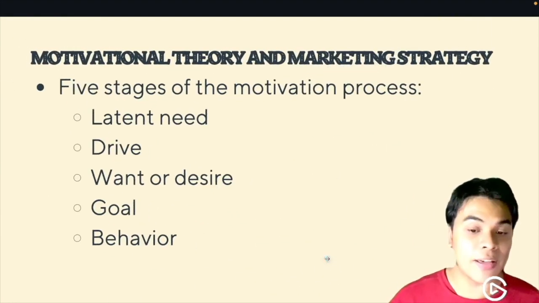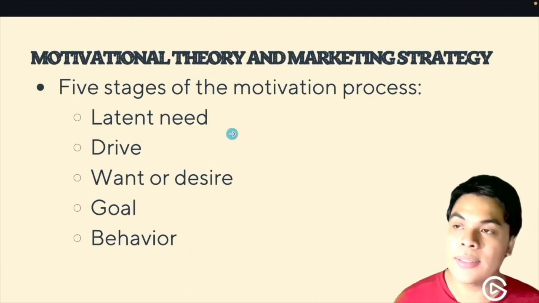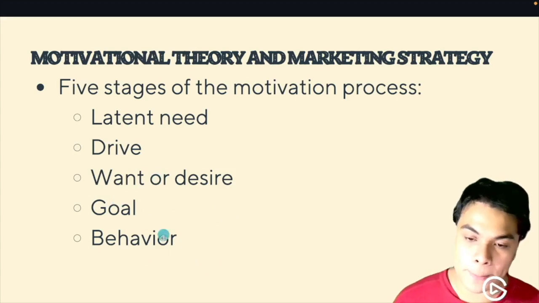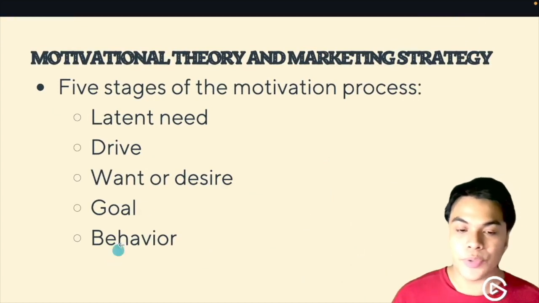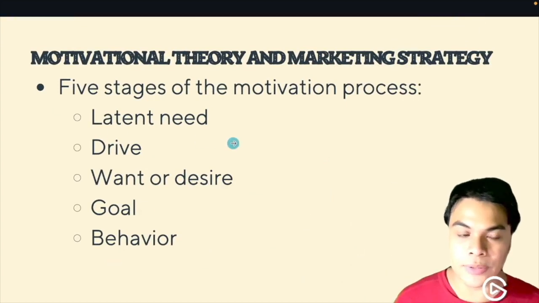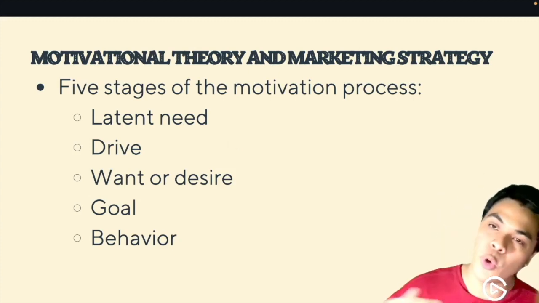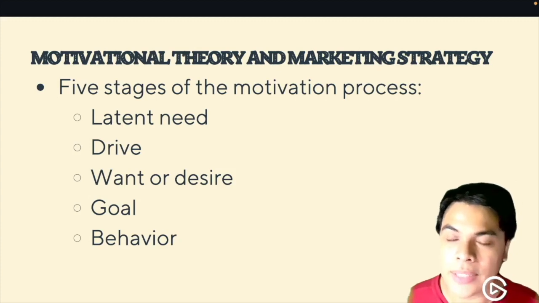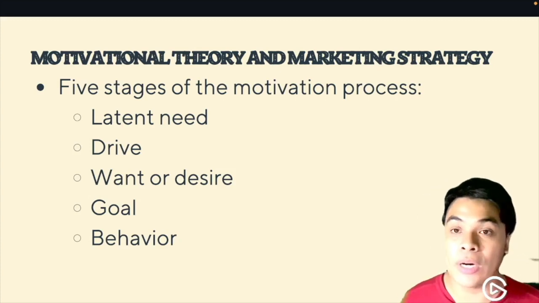So, we have 5 stages of motivation process. We have the latent need, the drive, the want or desire, the goal, and the behavior. Okay? So, it starts with the latent need. Ano ba yung kailangan ko talaga in the first place? Going back to our example kanina, na nag-pandemic at kailangan kong bumili ng gadget for online classes.